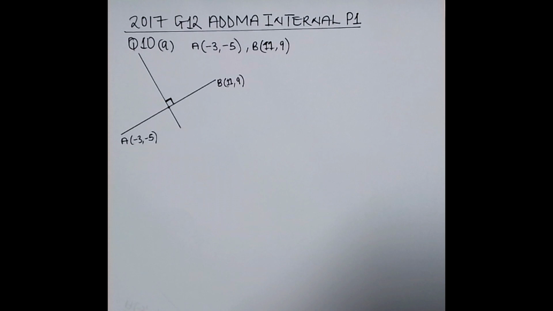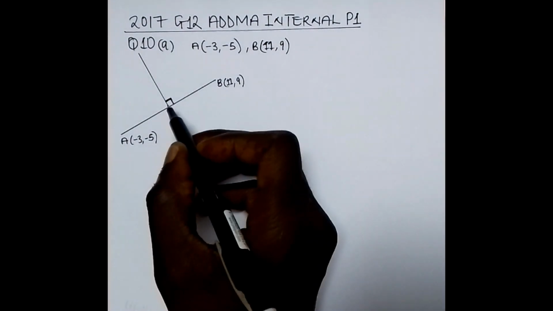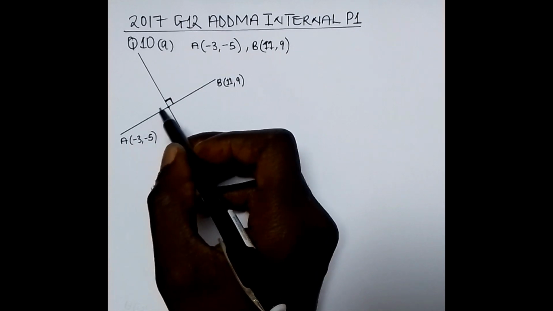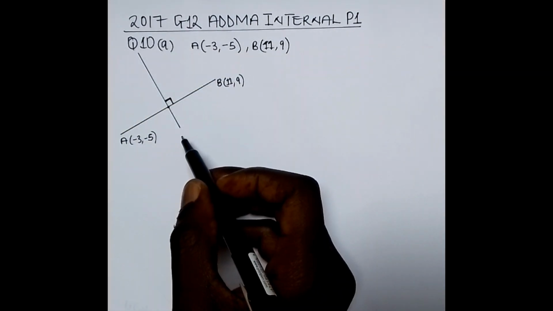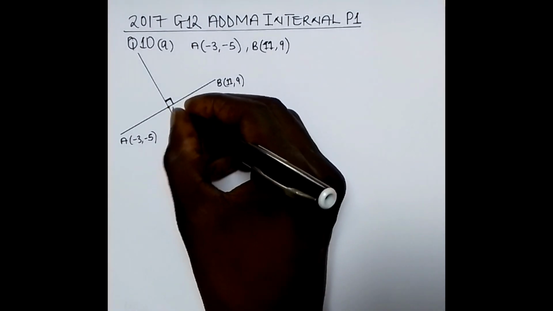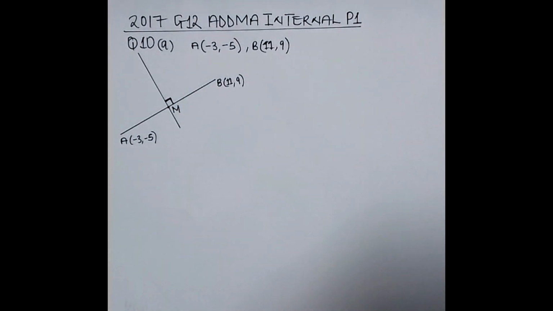At this point we're going to say it's the midpoint. This point where the line AB meets the perpendicular bisector we've drawn, we'll call point M. Usually point M means the midpoint of 2 points.